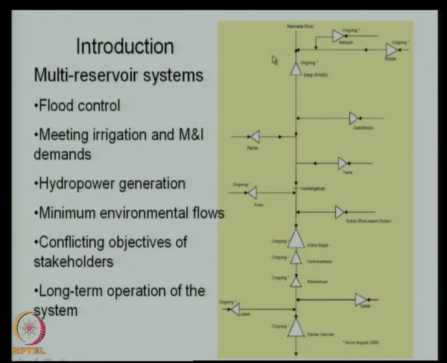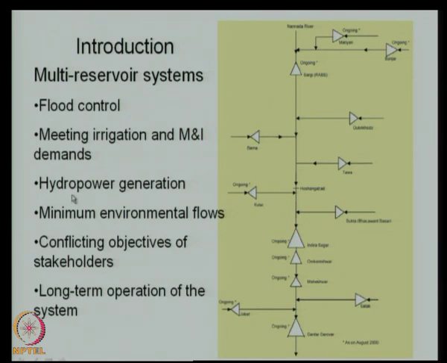And therefore, we need to look at such a system as an integrated whole and then start planning for the operations. So, we may have the operation for flood control. As I said, you may have typical critical locations at various points in the system where you would like to have flood control. You would like to meet the irrigation and municipal and industrial demands at various locations, typically at the reservoirs.